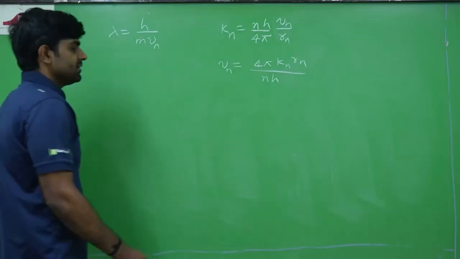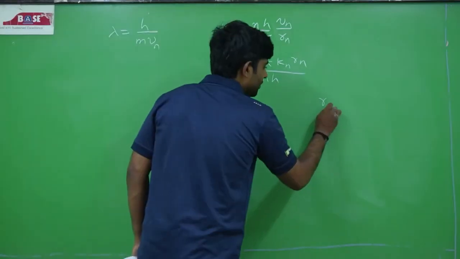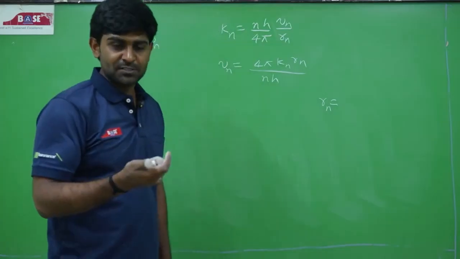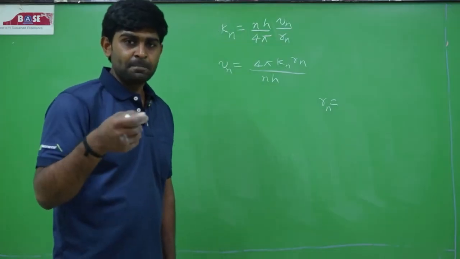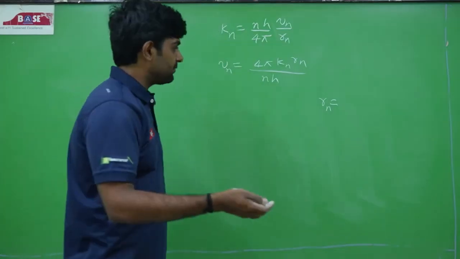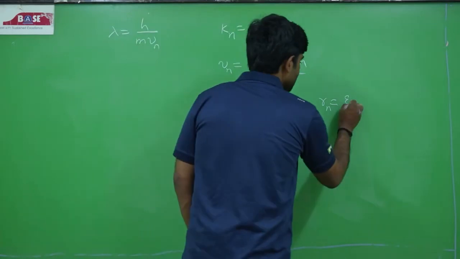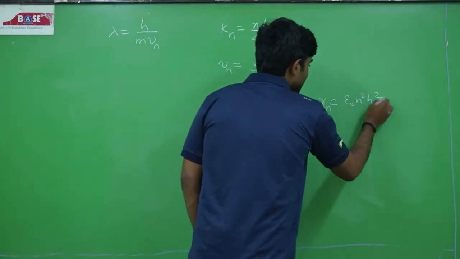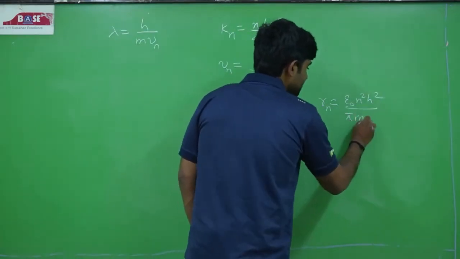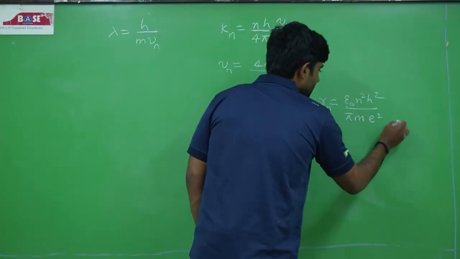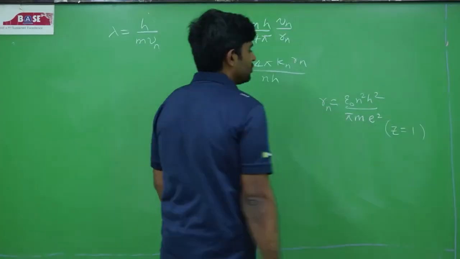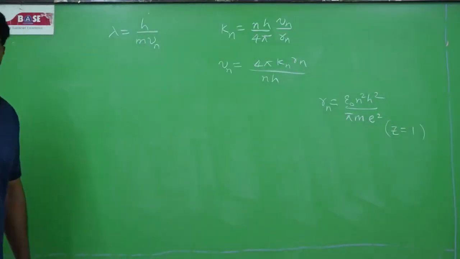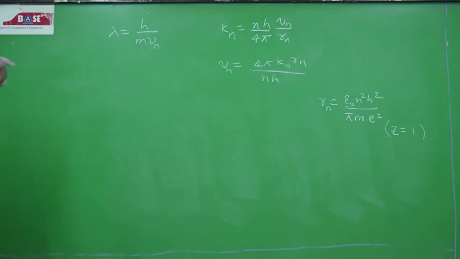I'm sure that we all would have memorized this: the radius of the electron when it is in some nth orbit is epsilon naught n squared h squared by pi m z e squared. Here z equals 1. So we have the expression for the radius of the electron moving in an nth orbit in a hydrogen atom.